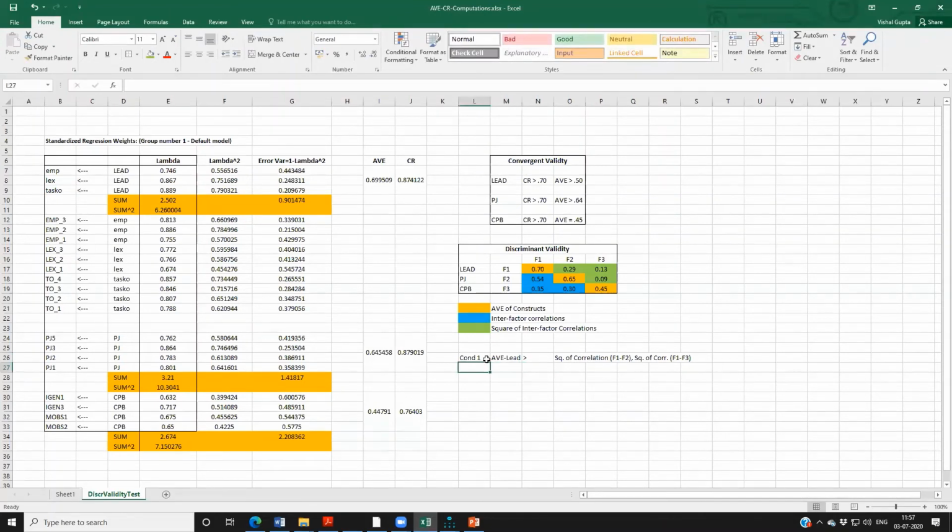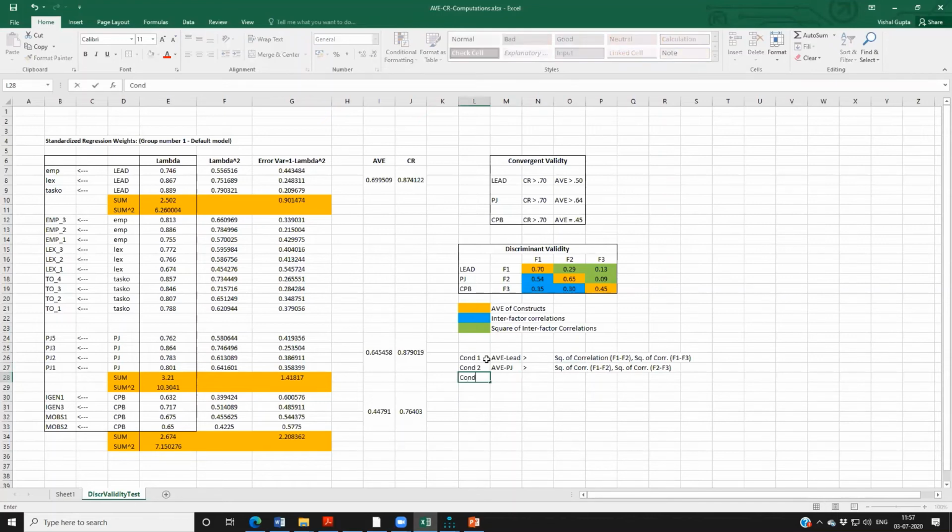Condition 2 is AVE of PJ should be greater than the square of correlation F1, F2, wherever F2 is going to come in, and the square of correlation F2, F3.